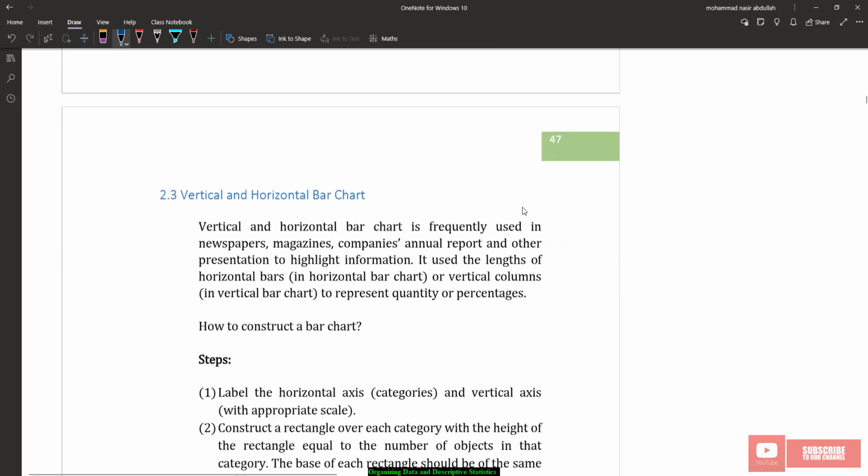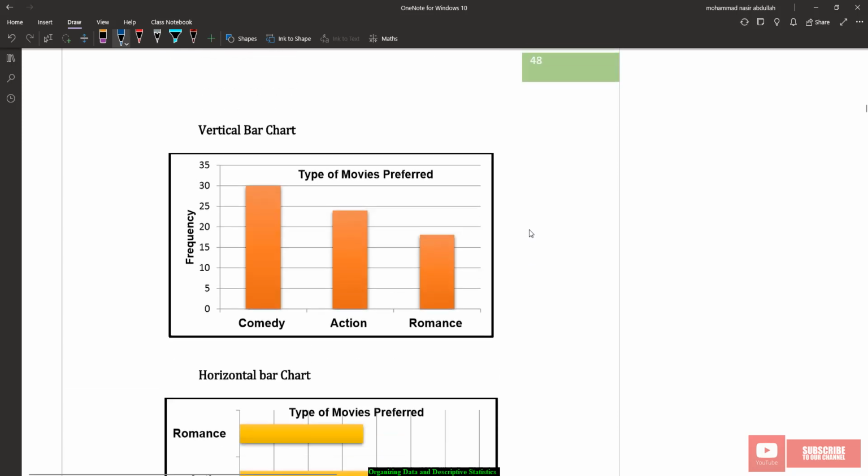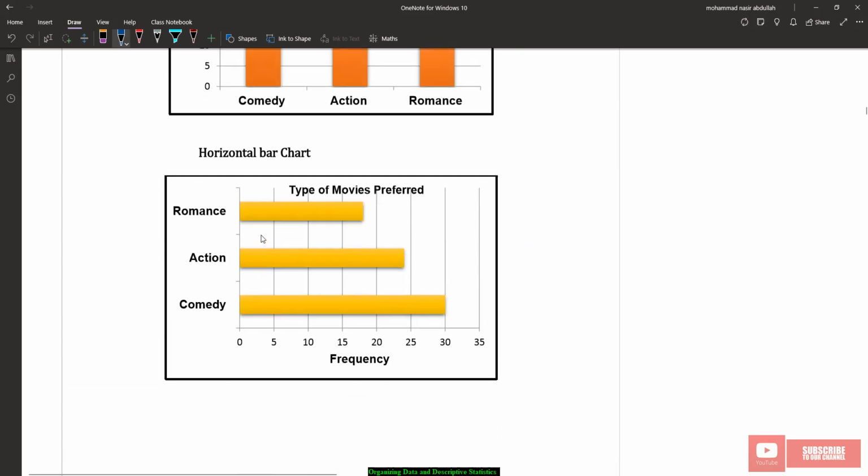So now let's look at vertical and horizontal bar charts. They lie under the simple bar chart. A simple bar chart only consists of one qualitative variable. A vertical bar chart is vertical, and a horizontal bar chart is horizontal. So this is an example of a vertical bar chart, and this is an example of a horizontal bar chart.